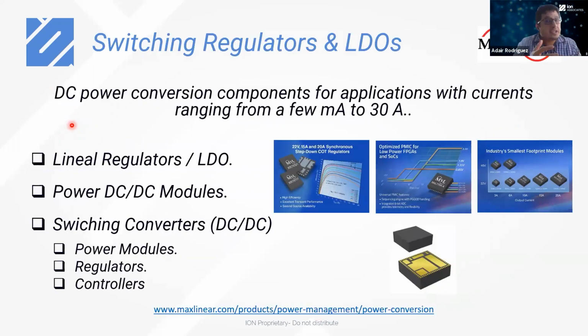Talking about processing or smaller electronic components, we should not forget about linear transformers or switching power supplies. We can support with modules with the capability of providing 15, 20 amps, with most of the components in one single package.